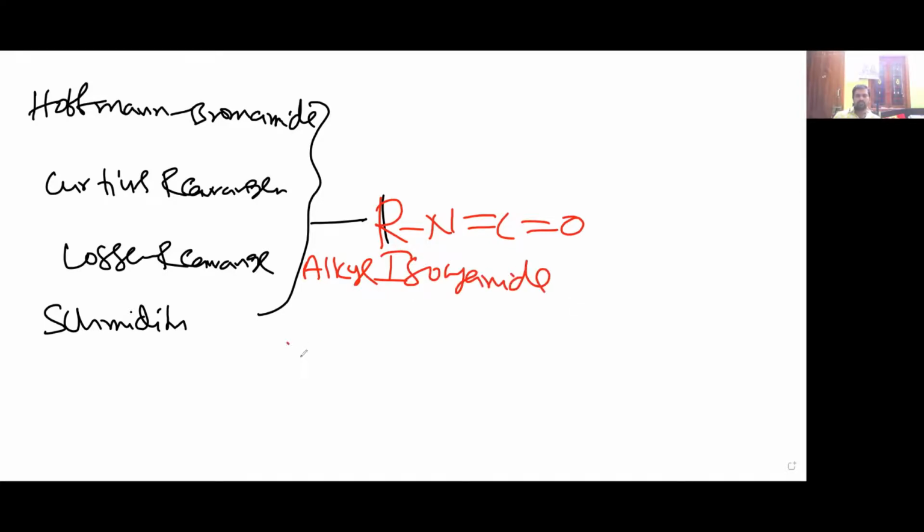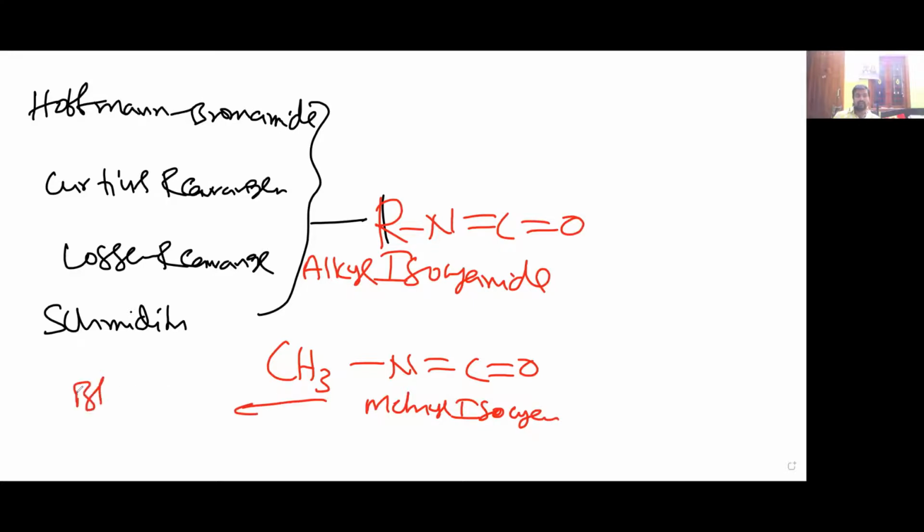If in place of this alkyl group you write a methyl group, it is methyl isocyanate, a most important, dangerous gas. Because of this gas leakage only, the Bhopal incident happened. Okay, on further hydrolysis, you are going to get a primary amine.